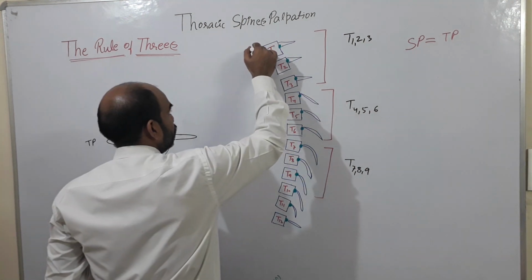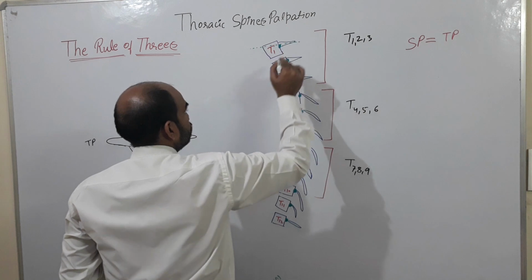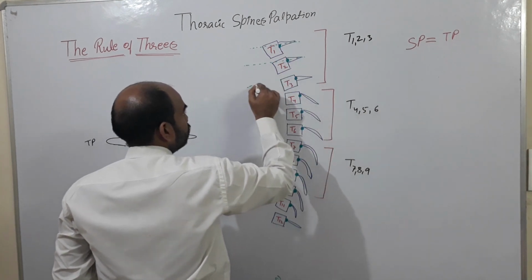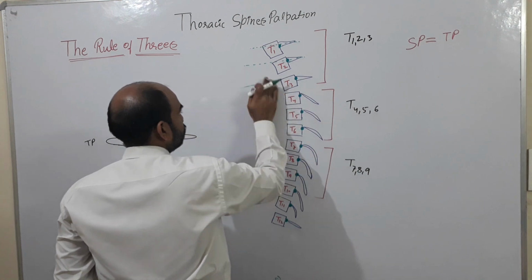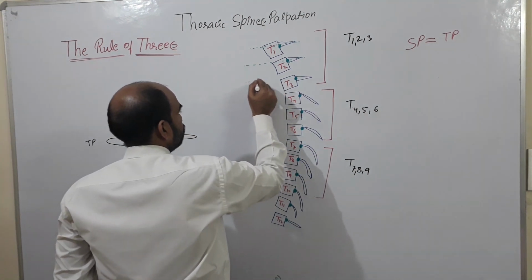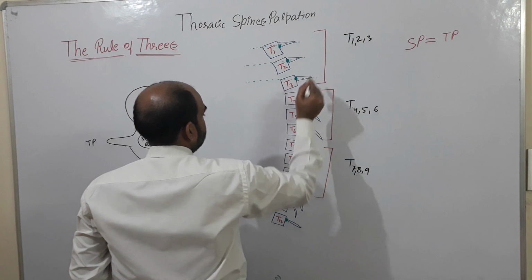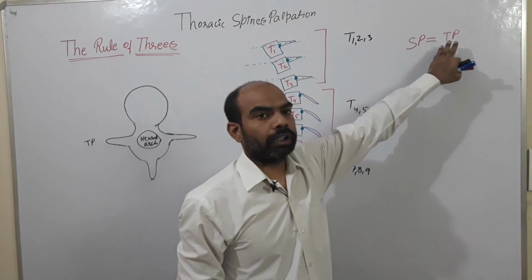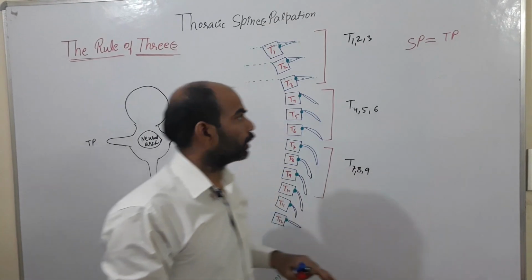Suppose if we join a line between them, this is on the same line. So the level of spinous process and transverse process are in the same line.